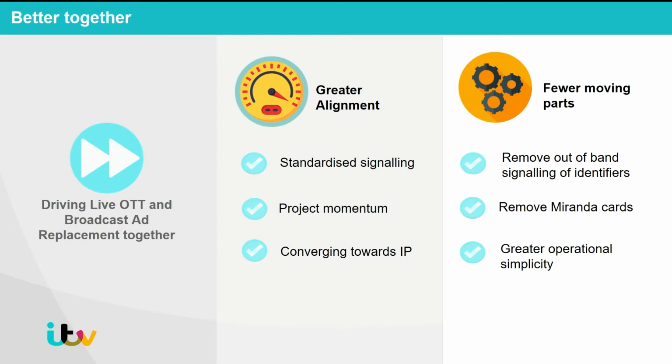So what began as a project to replace web ad replacement with server-side ad replacement with Dash became a project aligning and driving core platform enhancements on our broadcast chain to allow IP ad replacement on broadcasts.